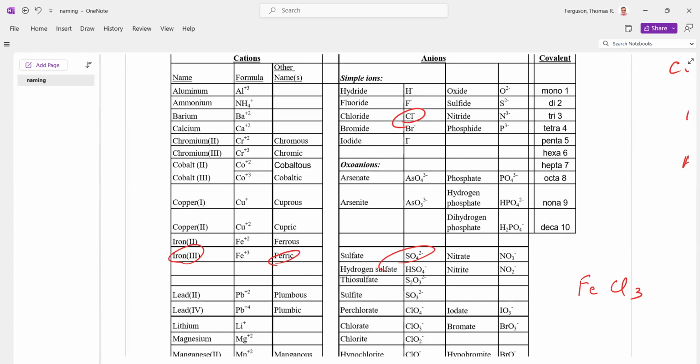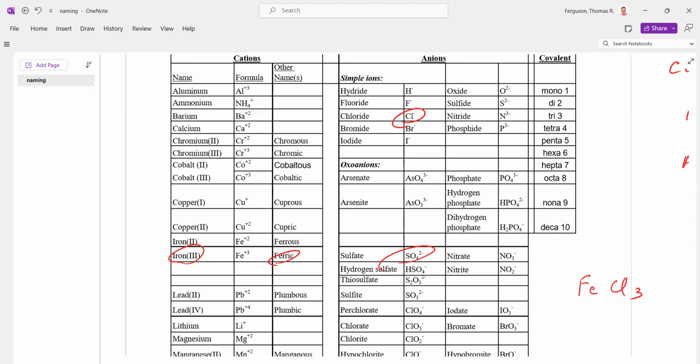It's just the way it is. Agriculture is the same way. Supplements are like food, so they fall in it too, so it would be ferric chloride.